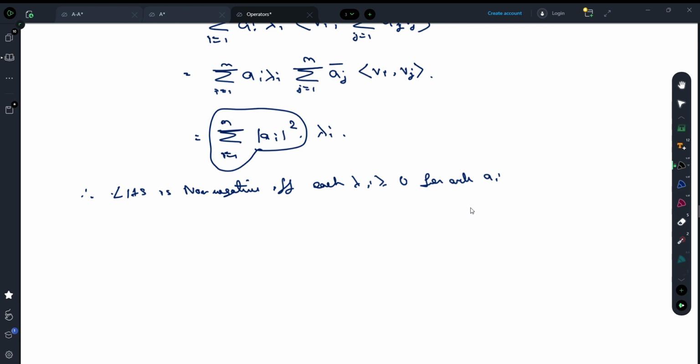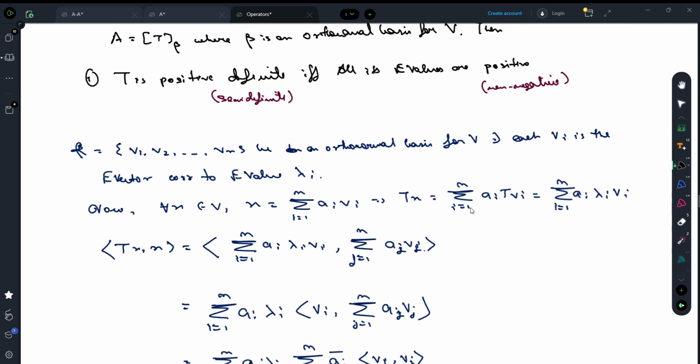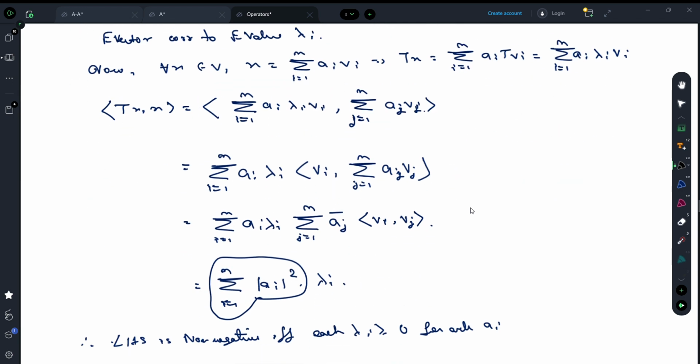But at this point, I don't think we need much more, because this is one of the most important observations: if you consider a positive definite matrix, then equivalently I can talk about its eigenvalues being positive, and if I talk about a semi-definite matrix, then its eigenvalues are non-negative.